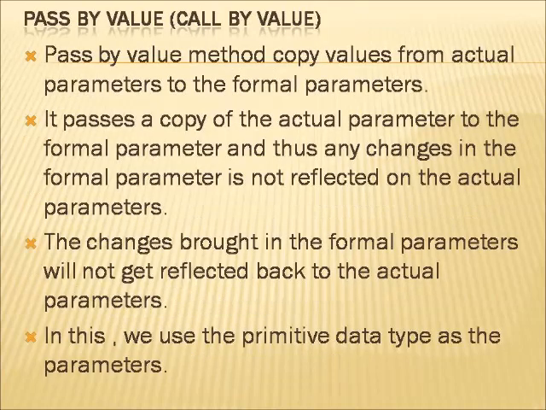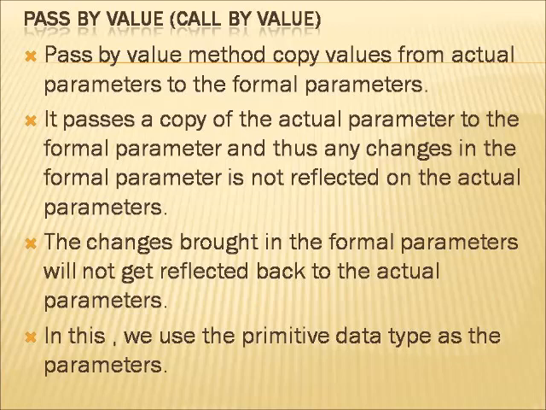In the call by value method, values from actual parameters get copied to the formal parameters. A copy of the actual parameter is sent to the formal parameter.